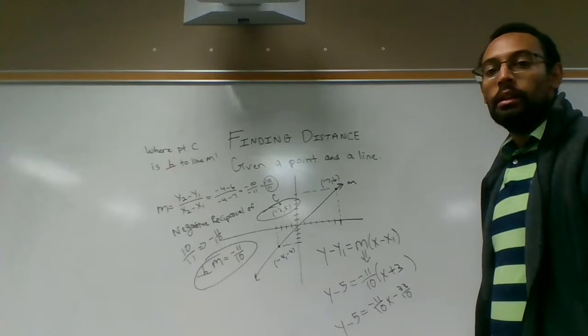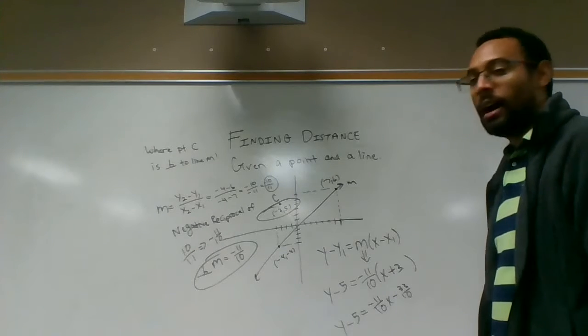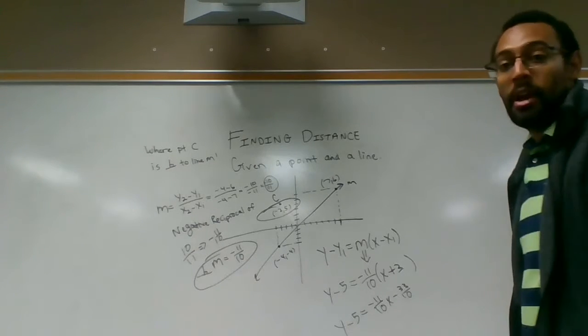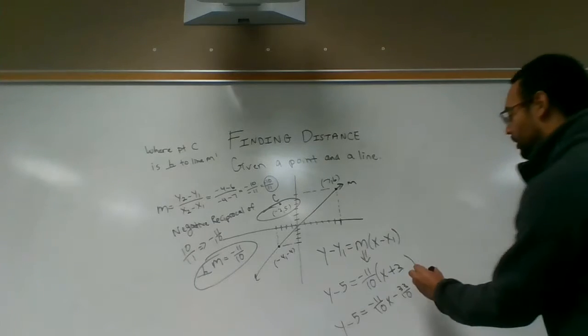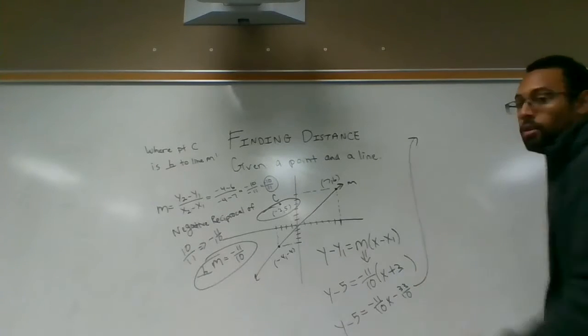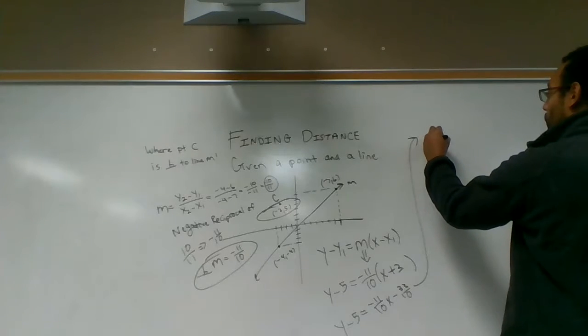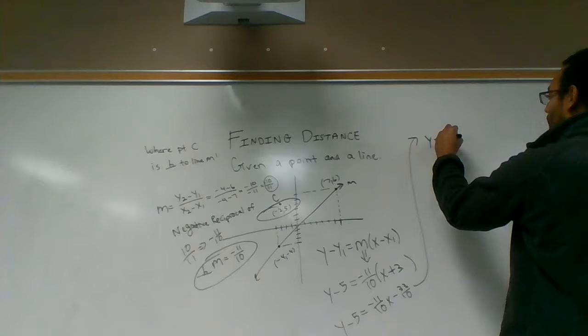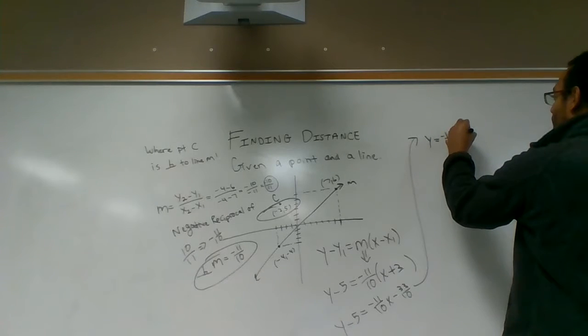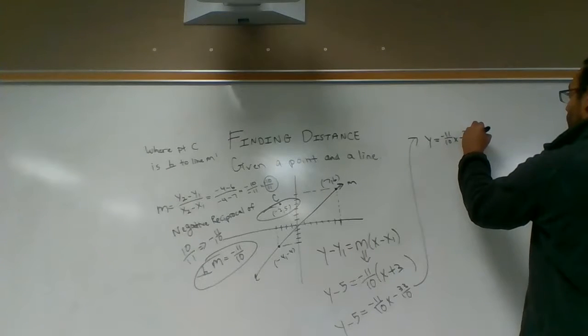Lastly, I'm going to add 5 to both sides. So I'm adding 5. So y is going to equal negative 11 tenths x minus 33 tenths plus 5.